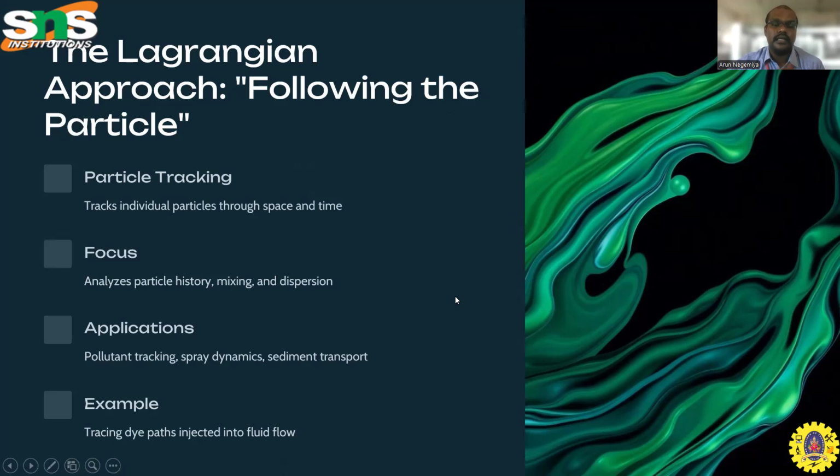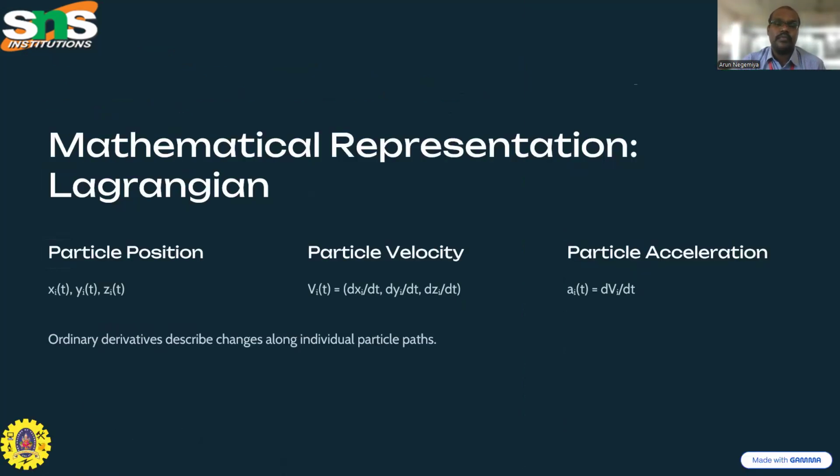An example is tracing a dye path injected into a fluid flow. For example, if you apply one particular chemical into water, the chemical will spread over the water. We can check how the chemical spreads by using the Lagrangian approach.